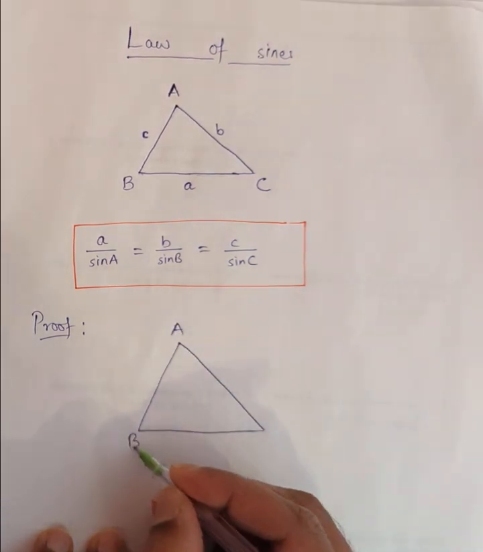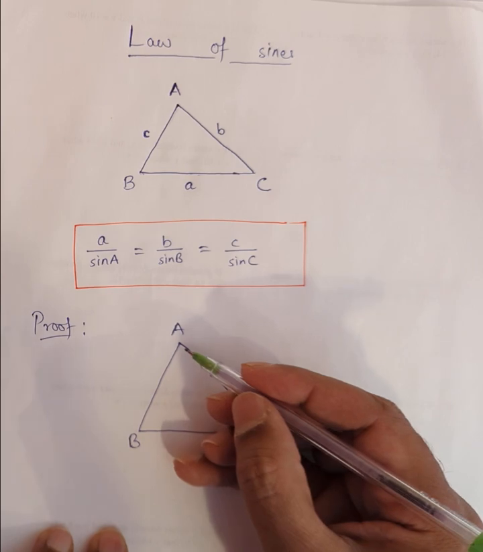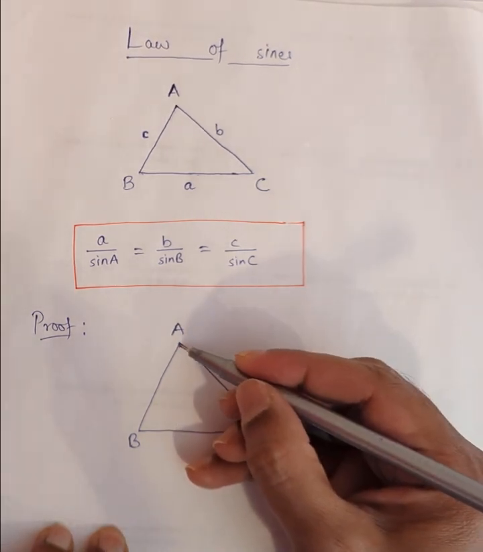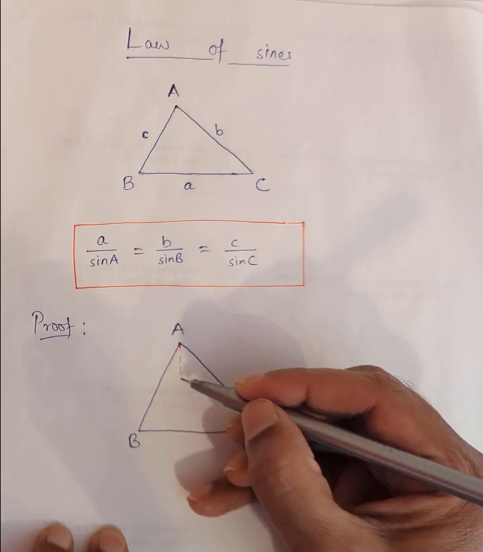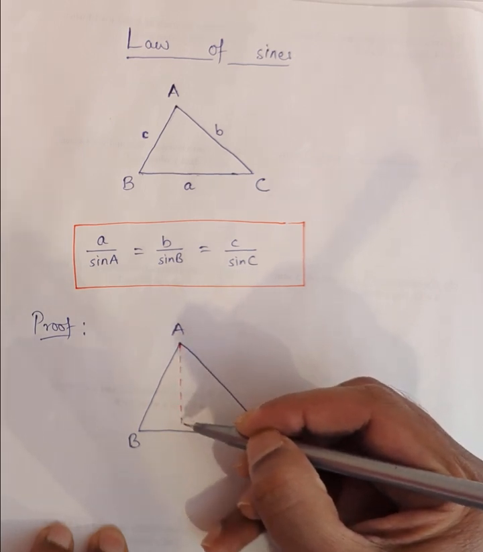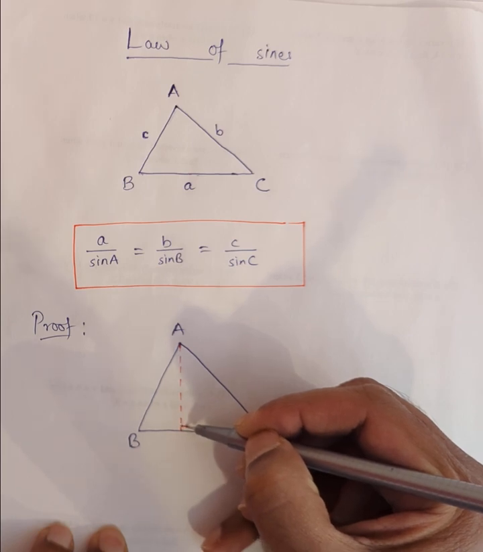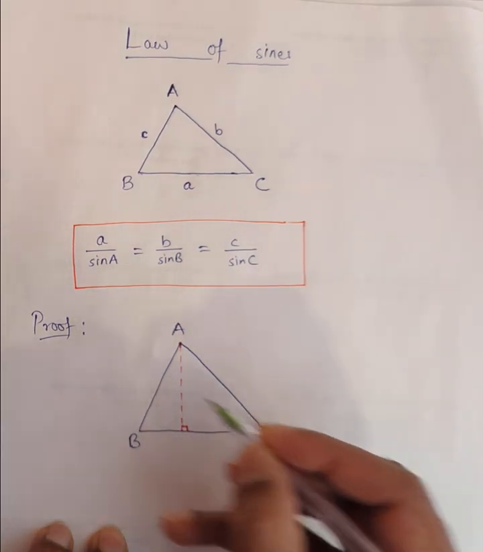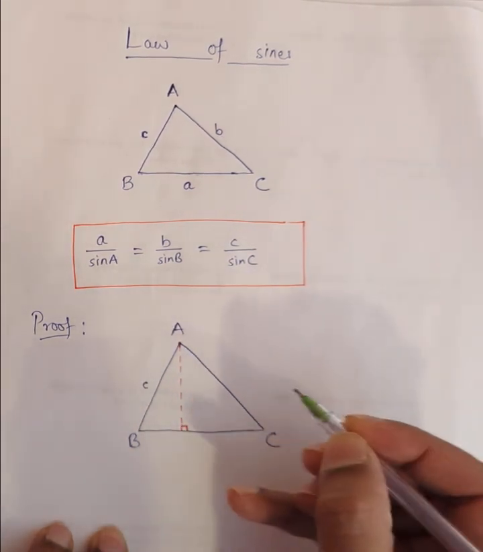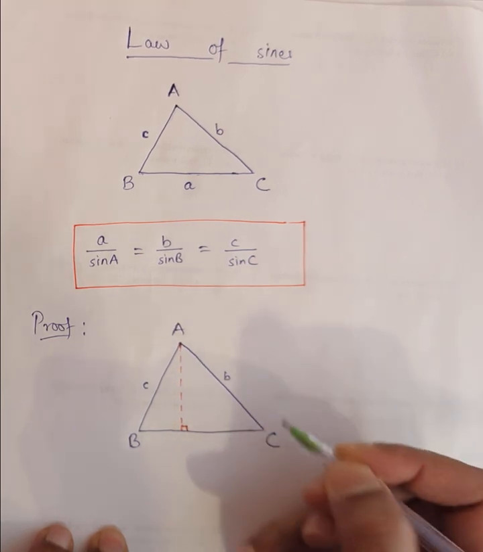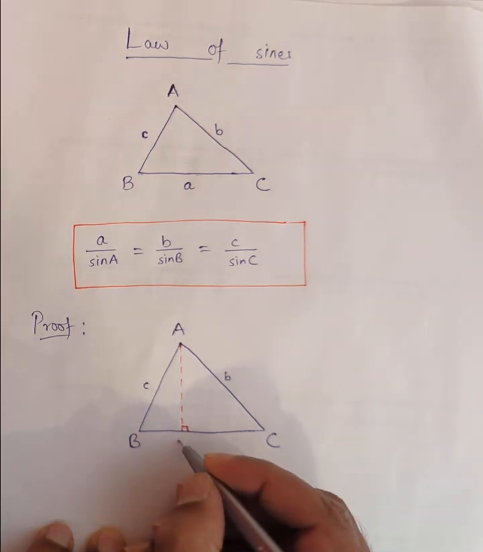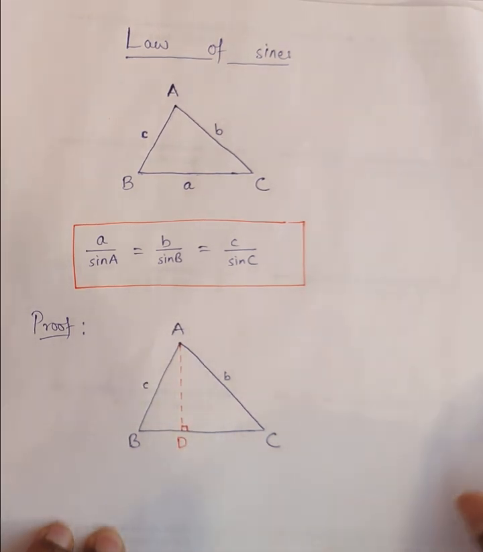Let's say this is A, B, C, and if I were to drop a perpendicular from A onto BC, then what I have done is I have split the side a, but c and b did not get split. And let's denote this point where the perpendicular meets BC as D.